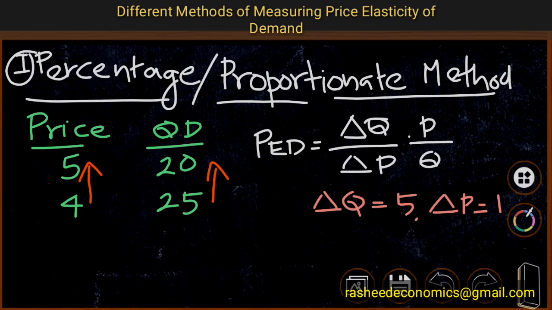And the initial quantity, that was 20 earlier, is now 25, and the initial price, that was 5 earlier, is now 4, because we are considering the reverse change.